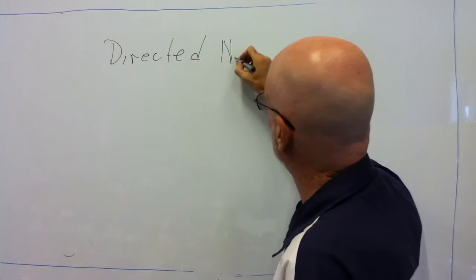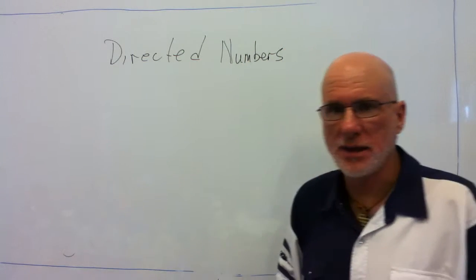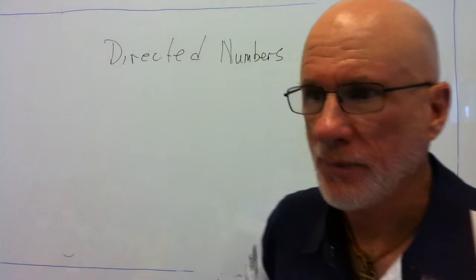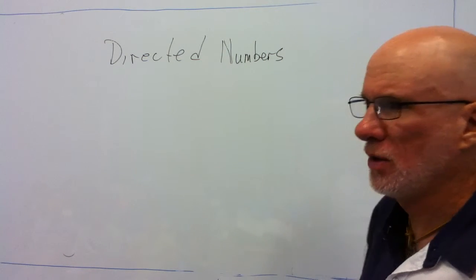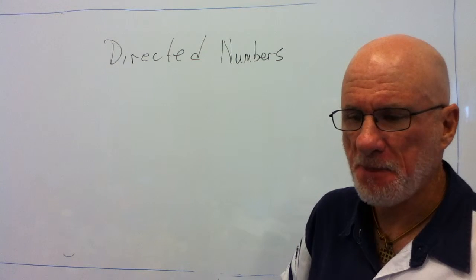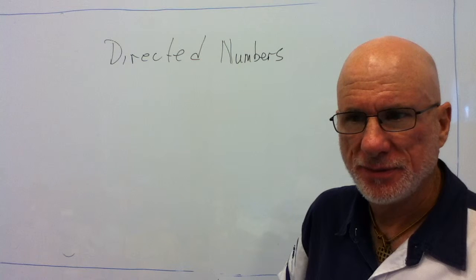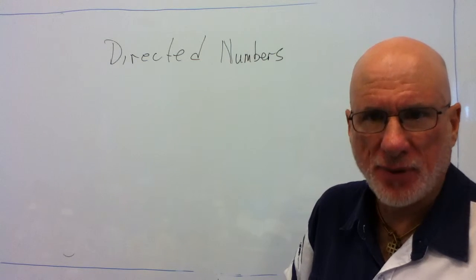Okay, directed numbers. Right? You all right with that? Yep. So with directed numbers, there are four operations. Yes? Let's look at each operation.